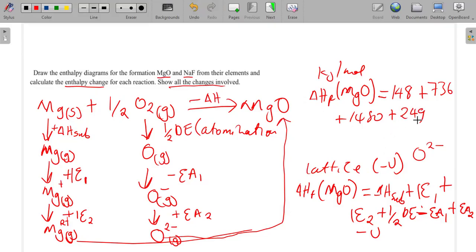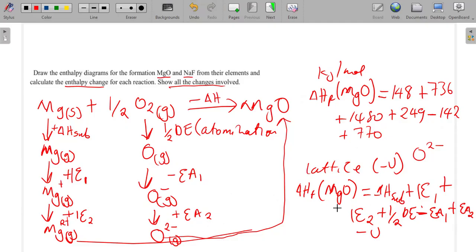Then we get the first electron affinity for oxygen, which is negative 142. So we have negative 142 there. Then plus the second electron affinity for oxygen, which is positive. I put a positive there, and it's 770.